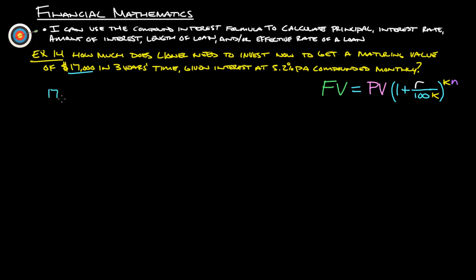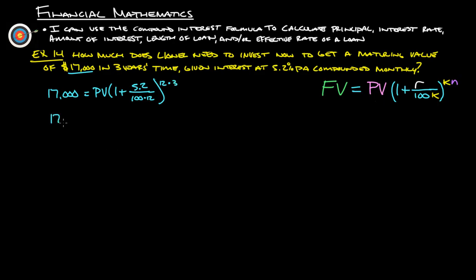So we get $17,000 because we want to end up with $17,000. We want to know how much we need to invest now. Okay, 1 plus our rate, 5.2 over 100 times, now compounded monthly, there's 12 months in a year, so that's going to be a 12. This is going to be a 12, and after 3 years' time.